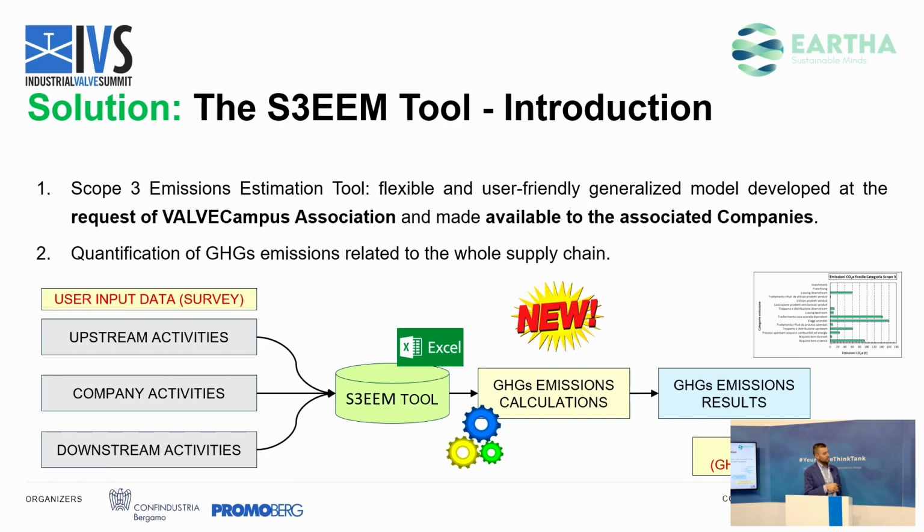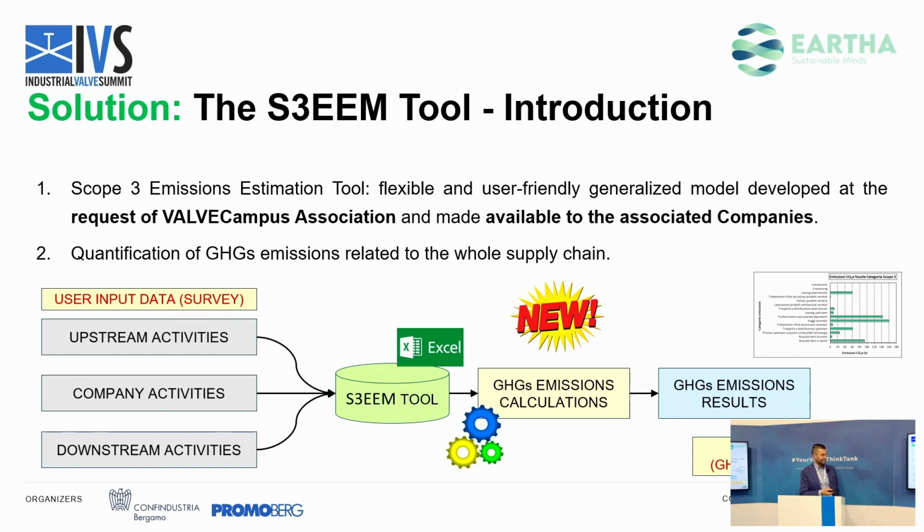So generally speaking, here we have a schematization of the conceptual approach. The user has to enter the data in the model through a survey, through a questionnaire, related to both upstream and downstream activities, beside, of course, the company's activities themselves.